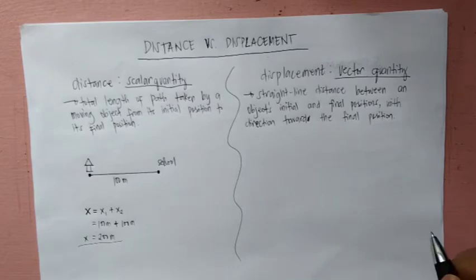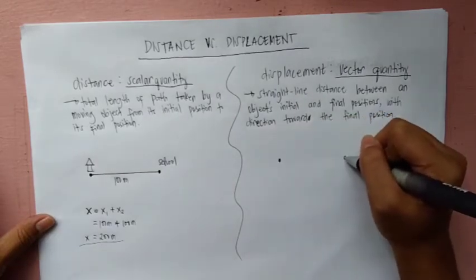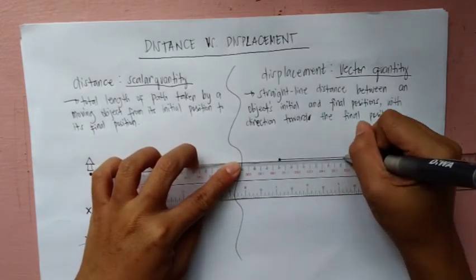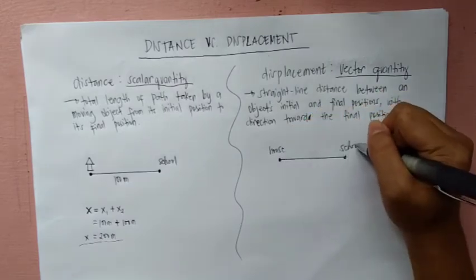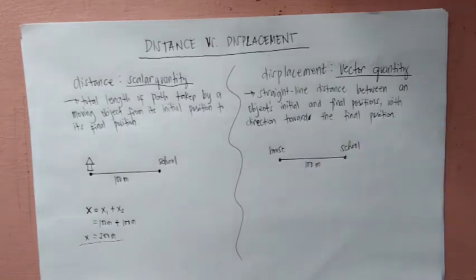In displacement, the case is different since this is a vector quantity, in which you have to consider the direction of the student walking from his house to school and then back to his house. So we will copy the illustration. Still we have 100 meters.